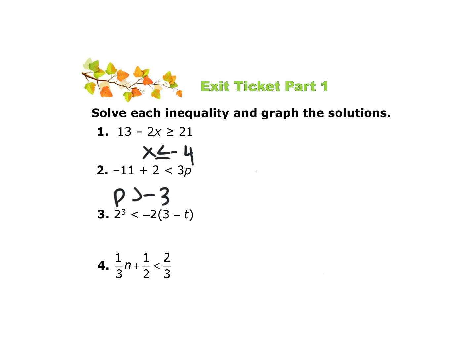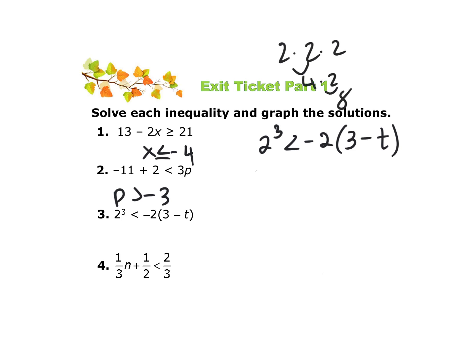Okay, for number 3, we're going to get 2 cubed is less than negative 2, parentheses 3 minus t. Now 2 cubed is just 2 times 2 times 2, 4 times 2, so we get 8. 8 is less than negative 2, parentheses 3 minus t. Then I'm going to go ahead and multiply that negative 2 to both sides.